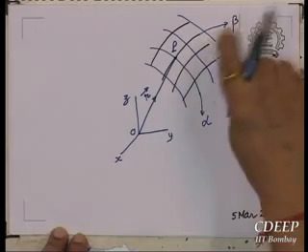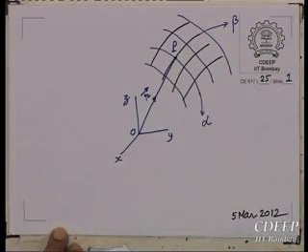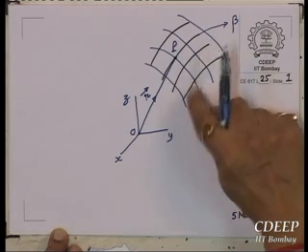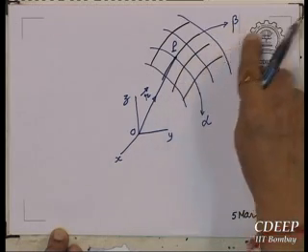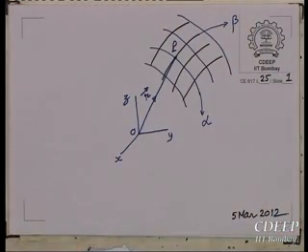And of course these curves have different constant values: alpha equal to a constant gives one curve. So these are different curves, beta 1, beta 2, beta 3, for different values of alpha, just like you have x1, x2, only that these are curved.